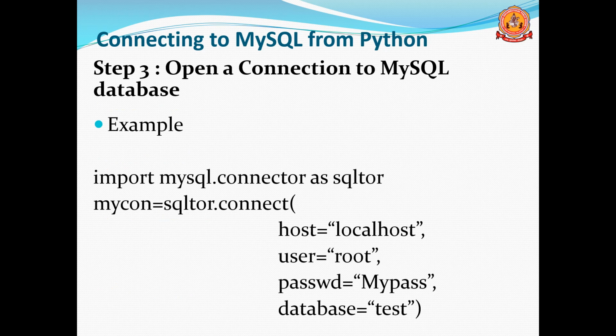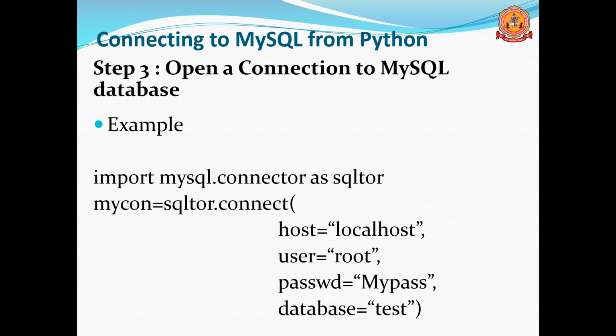Next, let's open one example. Here the same example I told earlier is given. Import mysql.connector as SQLTOR. If you use it like that, I can call the connect function with mycon.